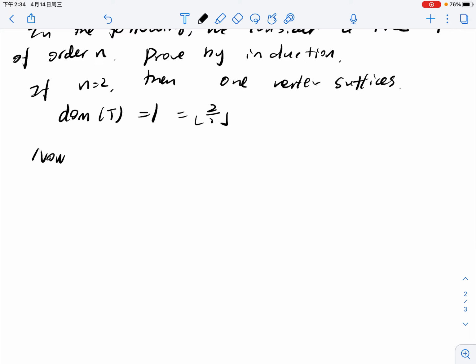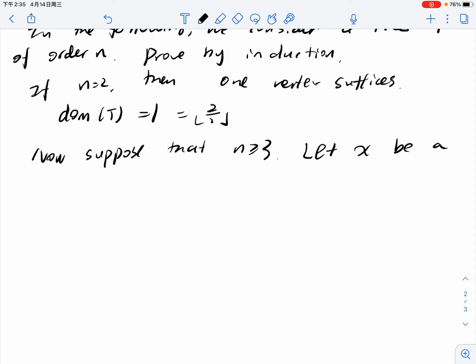Now suppose n is at least 3. If T is a tree, to do the induction we need to truncate T to a bunch of trees with lower orders.